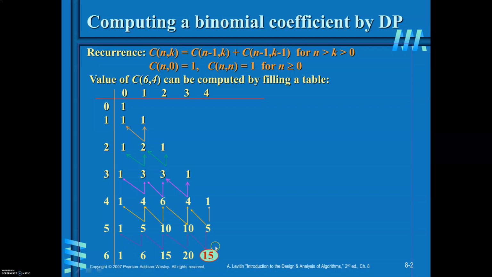So this is what we are required to find out. In order to find out this value, you are required to fill the intermediate values also. Then only you can find C(n,k).